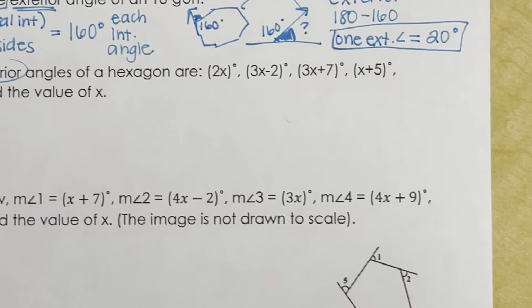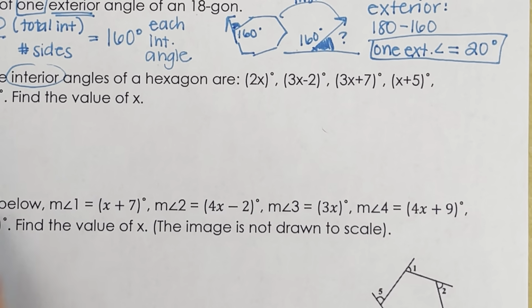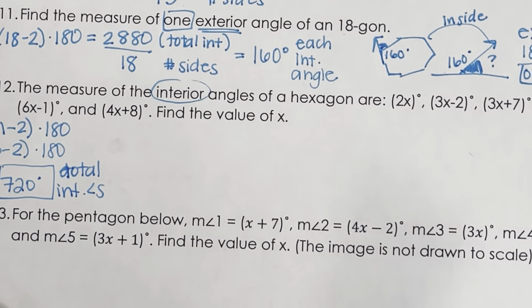Now, I've got all these individual angles in the hexagon. I'm going to add all of these angles together and set them equal to 720.